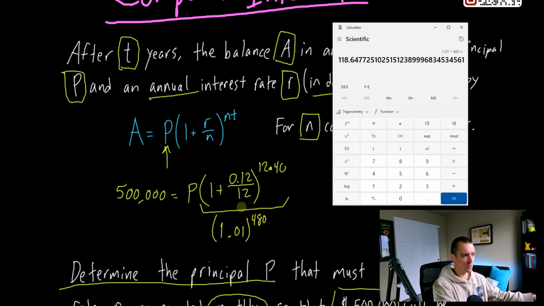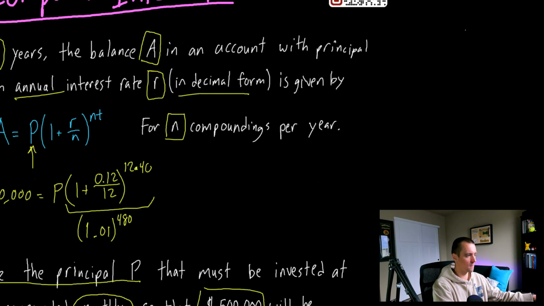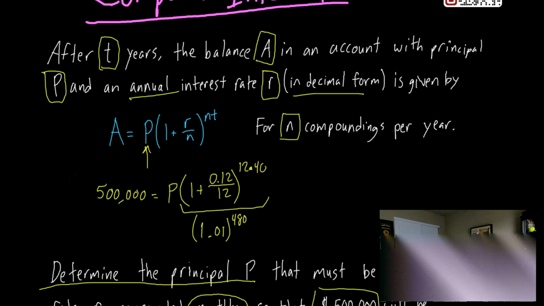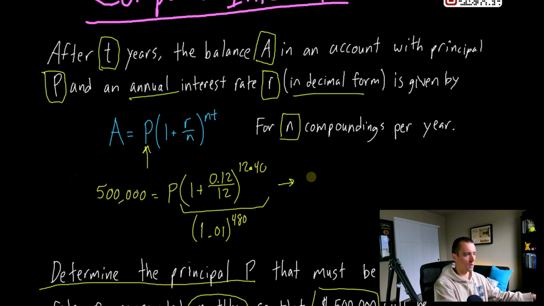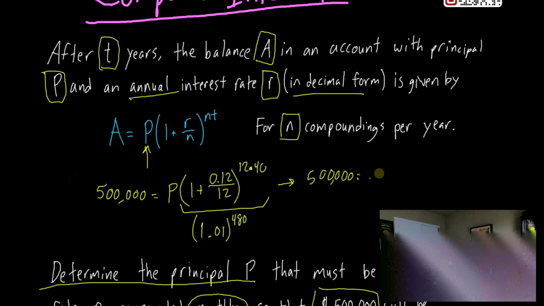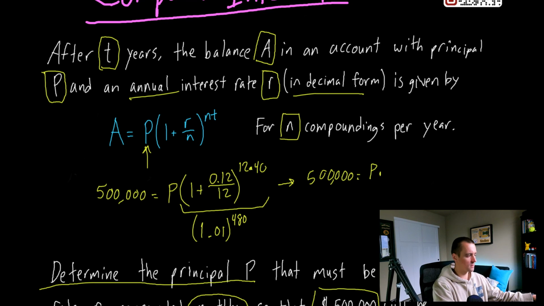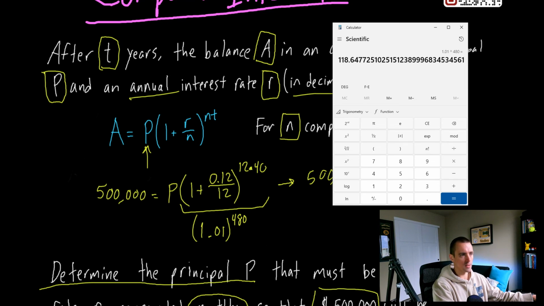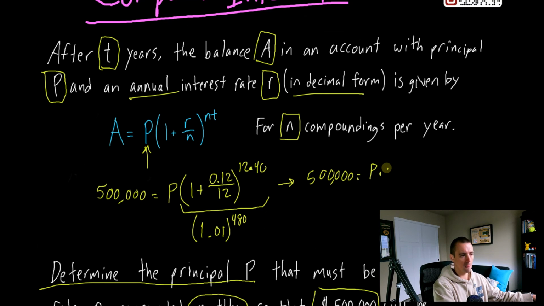So this whole thing right here is 118.6477. So then we'll have 500,000 equals P times 118.6477.